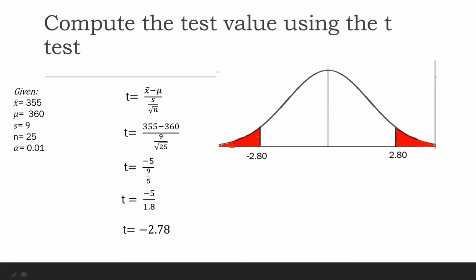So the test value is negative 2.78. So nandito yung negative natin. So negative 2.78 since 0.02 lang naman yung difference niya, magkalapit lang siya. So this is 2.78. And since wala siya sa ating rejection region, we will accept the null hypothesis.